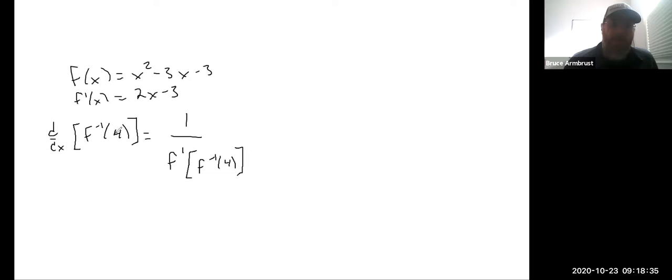So in essence, we need to know what we plug into the original function to get 4. What number, when I plug it in, gives me 4? That's the number I'm going to plug into the derivative. Before I go any further, are we okay with this?